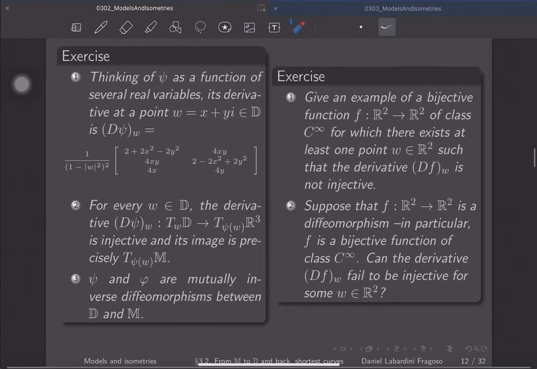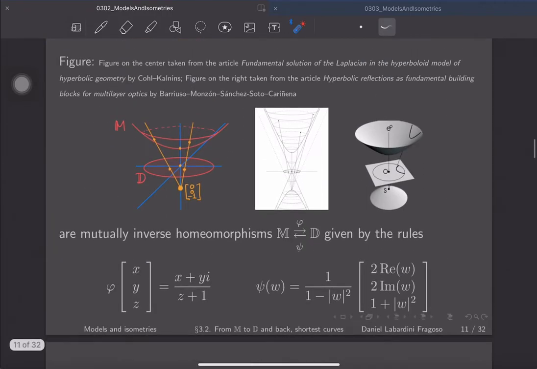An exercise is to show that these are actually diffeomorphisms. In the end it amounts to noticing that here one never divides by 0, and here also one never divides by 0, so, as in calculus, one sees that these formulas give infinitely differentiable expressions.